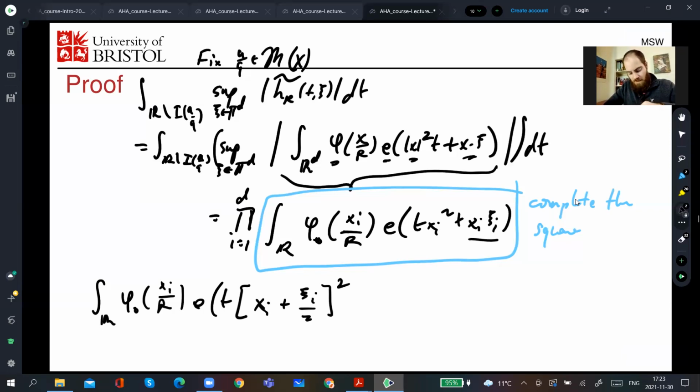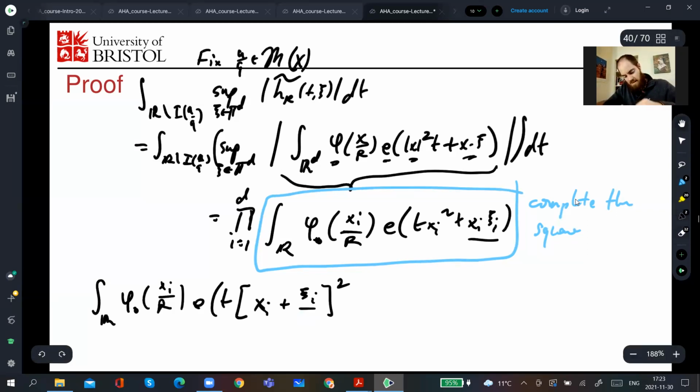So I actually need to divide by the square root of t, but t could be negative. So I have to be a bit more careful. The way I'll do that is I'll write it as 2 times the square root of the absolute value of t times the sign of t.